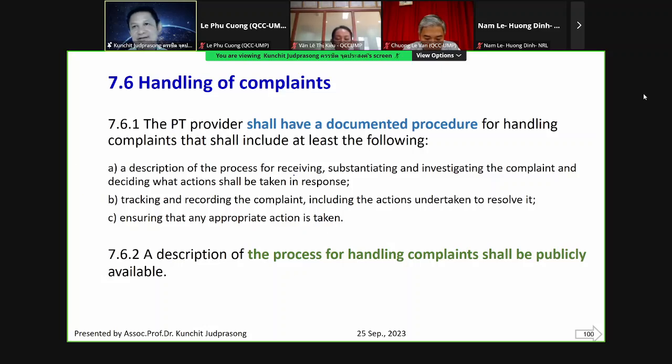Who is the one that receives? Who is the one that takes action? And tracking the record, everything. According to this requirement, a description of the process of handling complaint shall be publicly available. So this we have to announce, depending on you, documented on the website, how someone can make a complaint about your PT activity. So you have to make it publicly available.